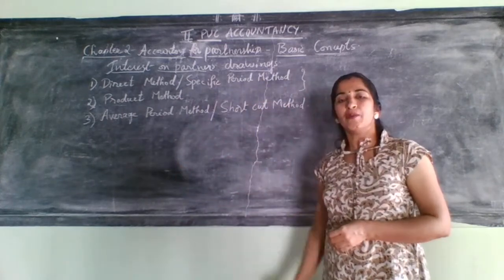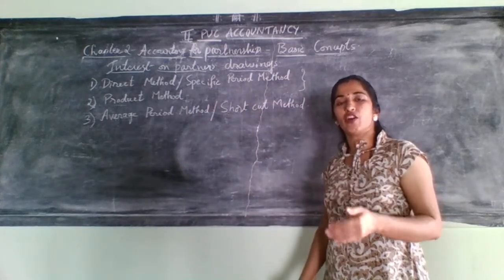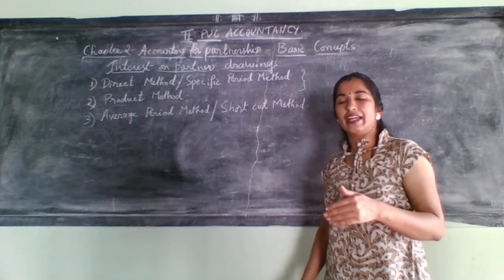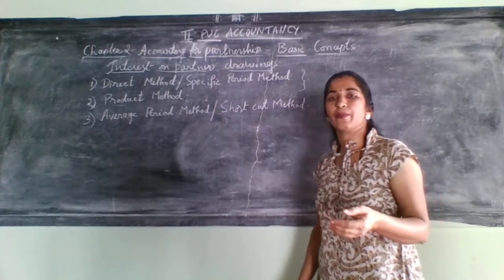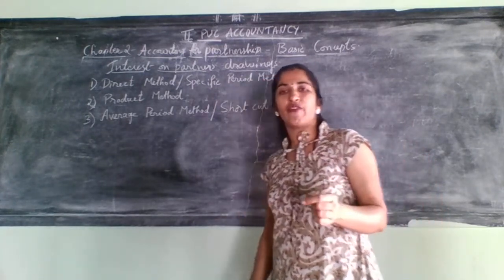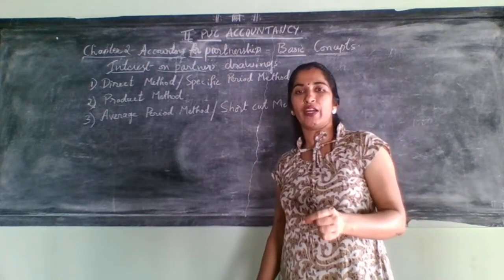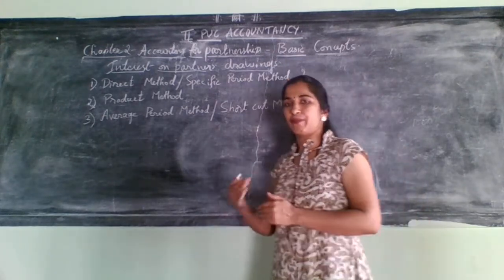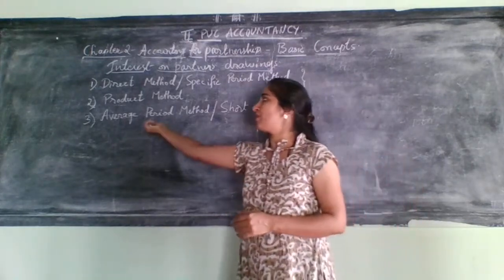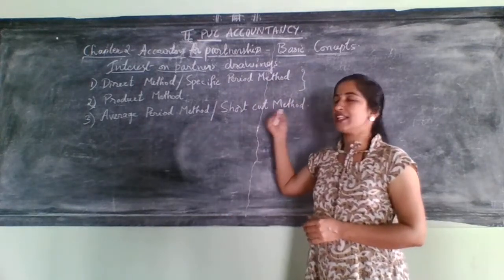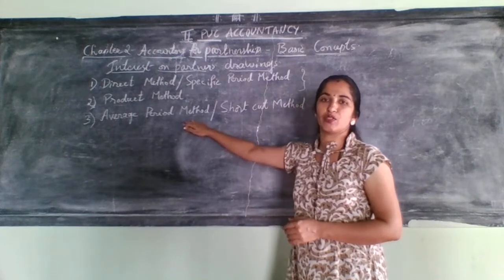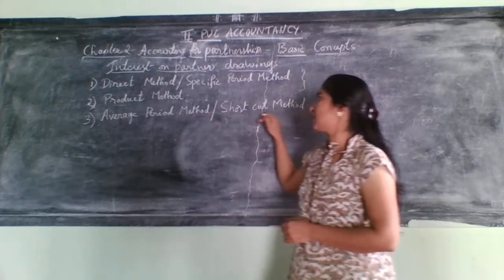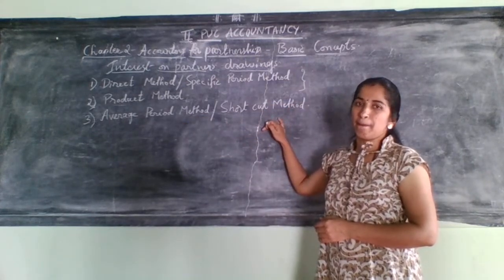When the drawing amount is withdrawn regularly, say for example at the beginning of every month or at the end of every month or at the middle of every month, that is a regular period, right? At that time we need to calculate interest on drawing under the average period method or shortcut method.